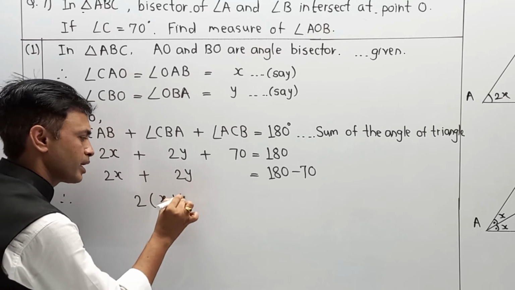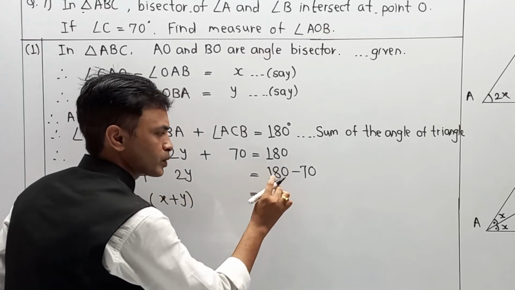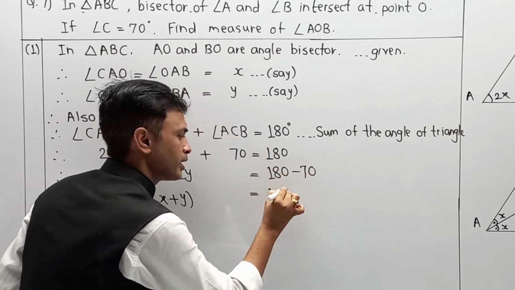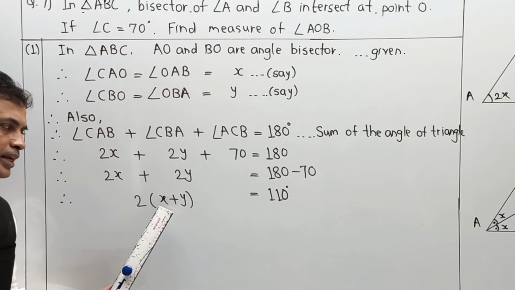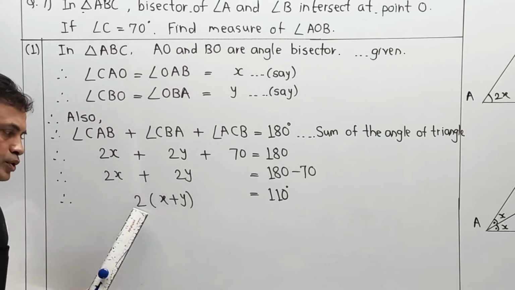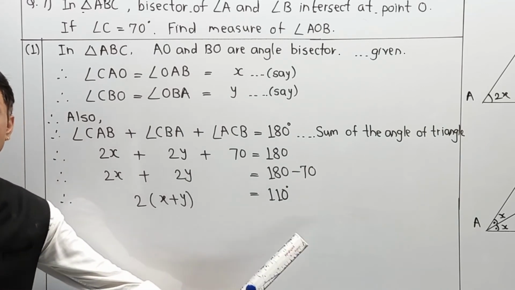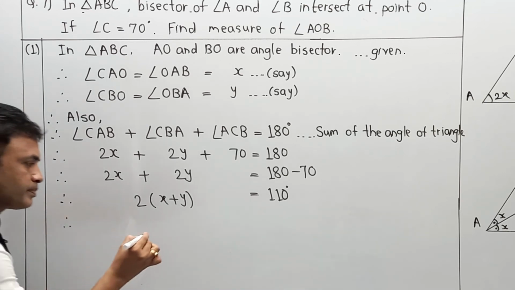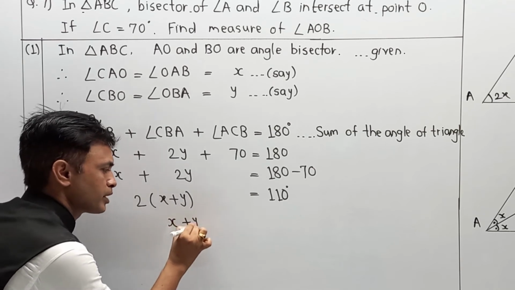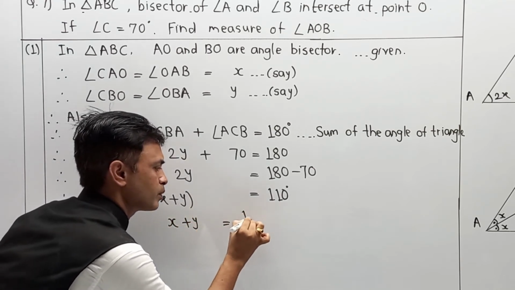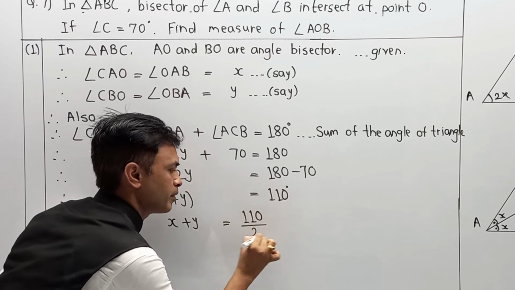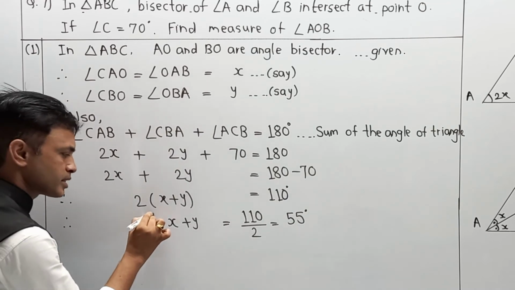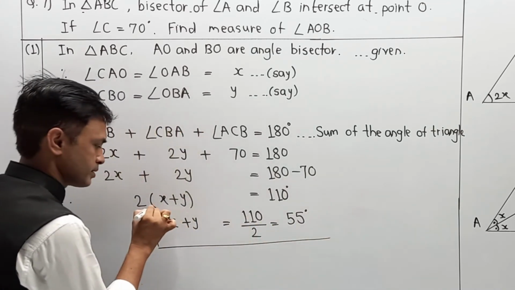It remains x plus y is equal to 180 minus 70, which becomes 110 degrees. Naturally, we are interested in finding the value of x plus y. So shifting this 2, which is multiplied over here, to that side, it becomes divided by. So x plus y is equal to 110 divided by 2 is equal to 55 degrees, and this is one of my required answers.